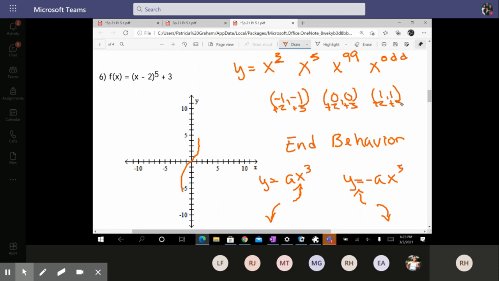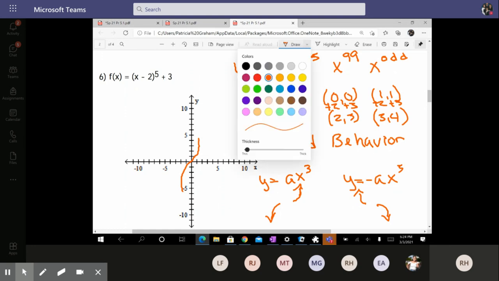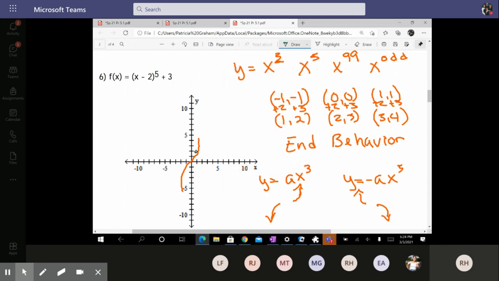It's only inside that it does the opposite. So I've got 1, 2, 2, 3, and 3, 4.